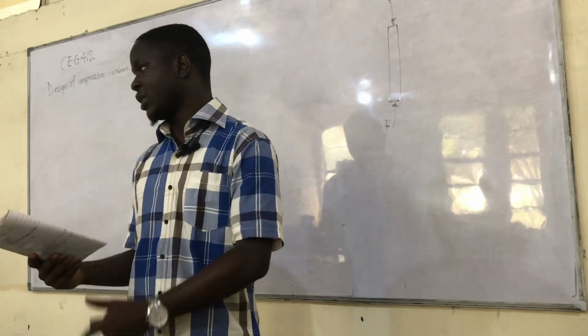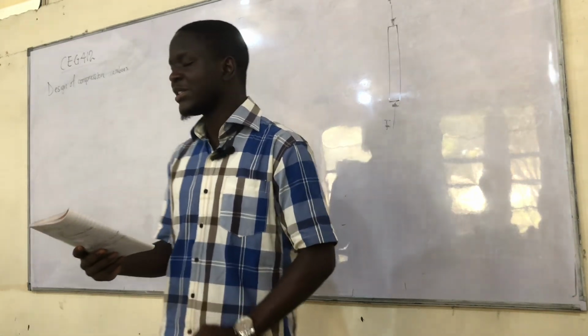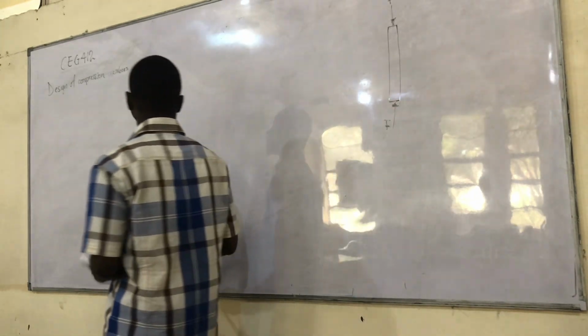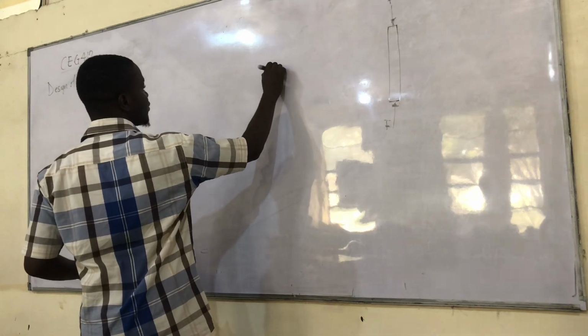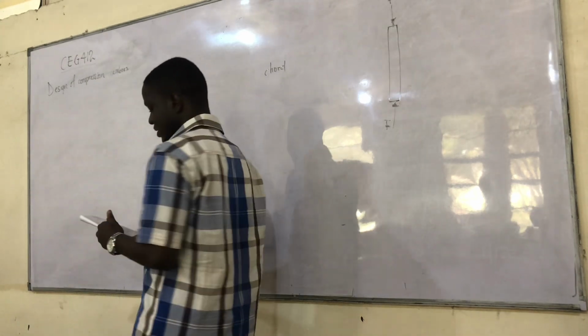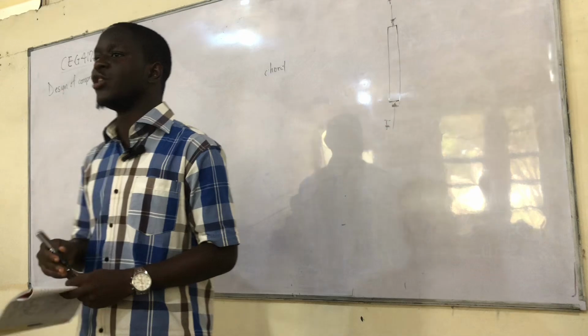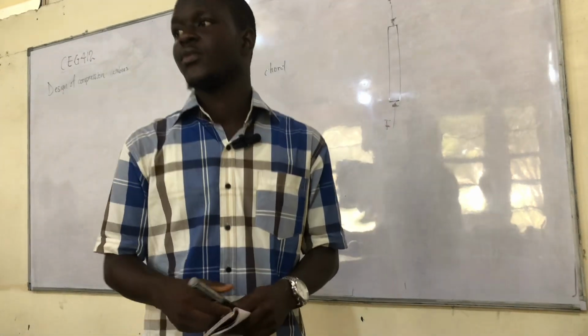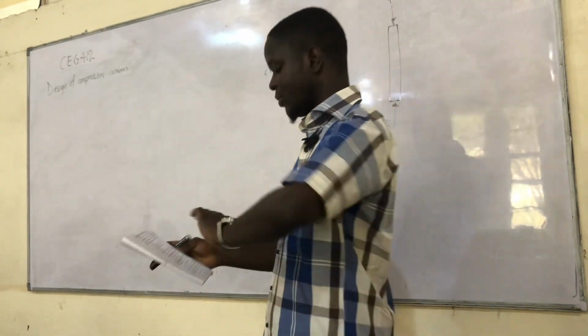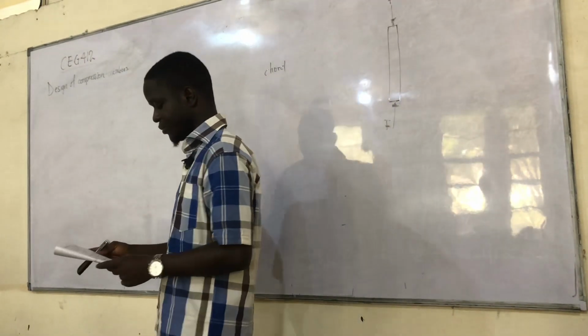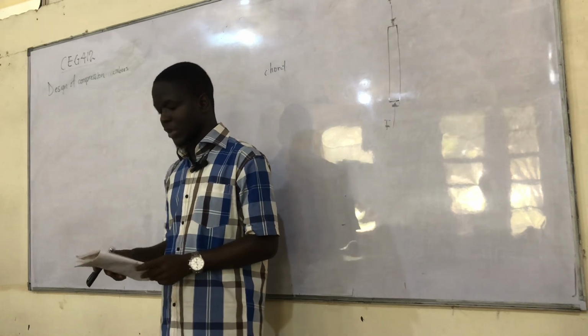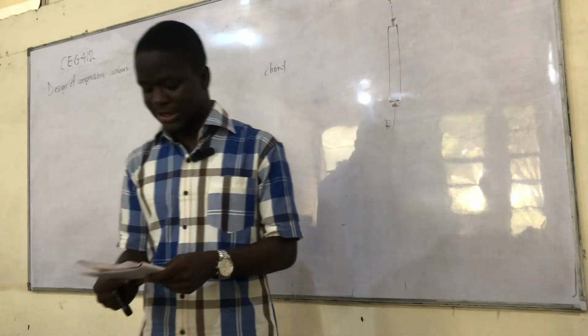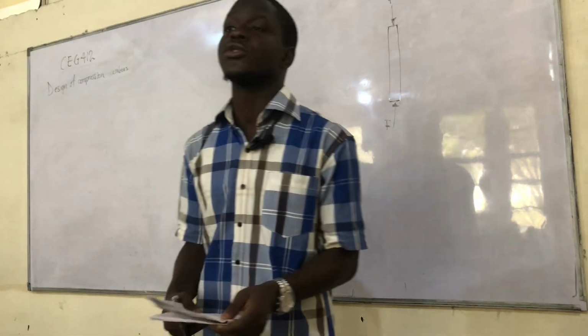Now, principal rafters. This is a top chord, C-H-O-R-D. This is a top chord member in a roof truss.